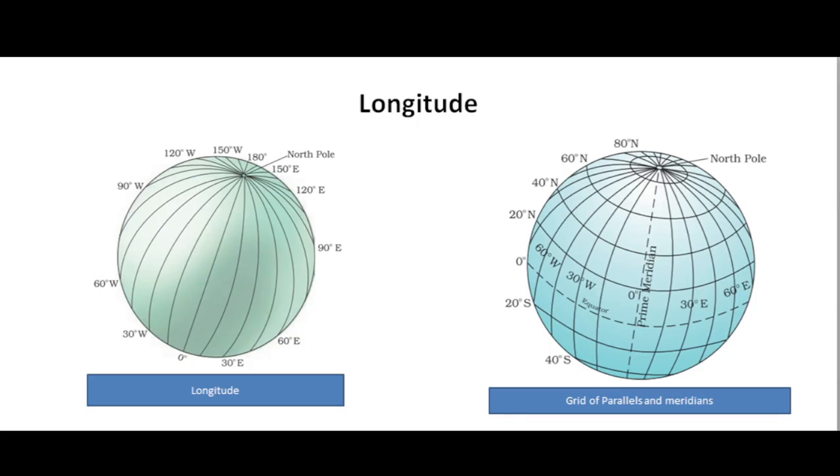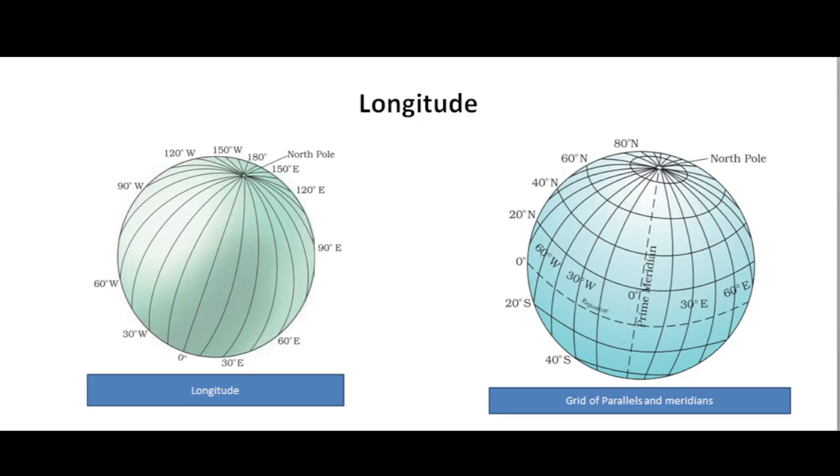So that is, we start from Greenwich, which is located in the UK, Britain. Its value is 0 degree longitude, and from it we count 180 degrees eastward as well as 180 degrees westward.